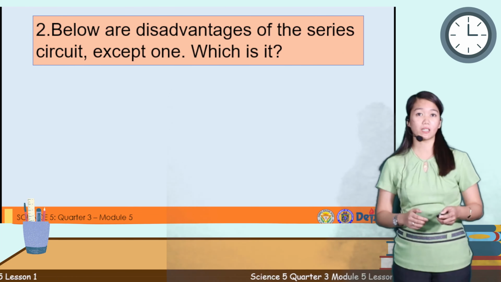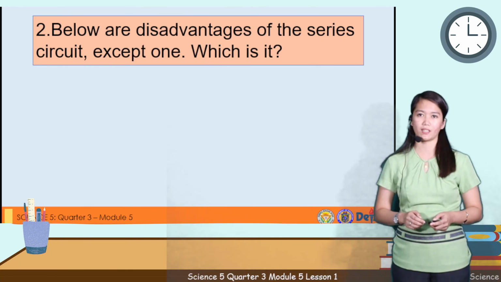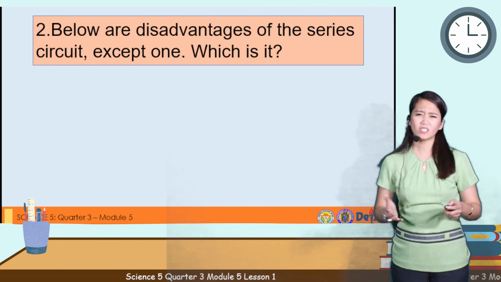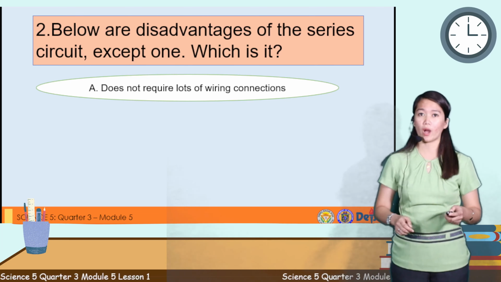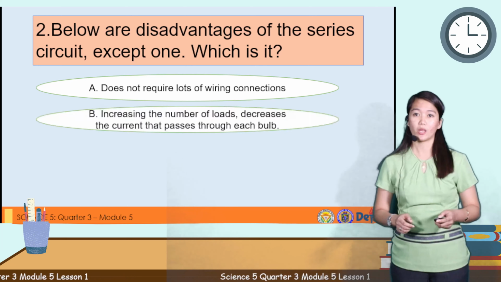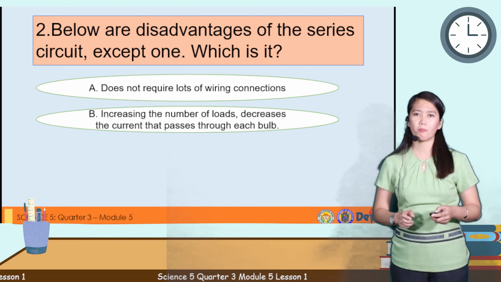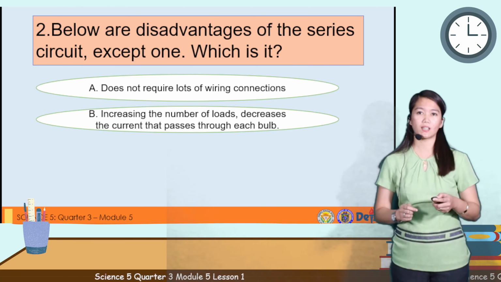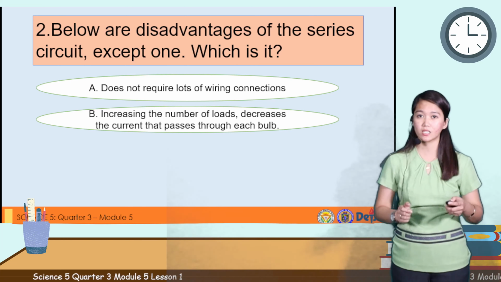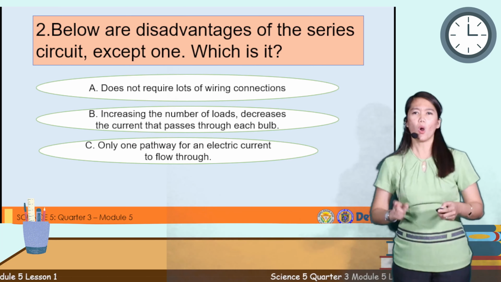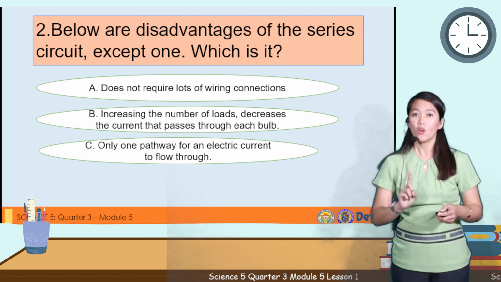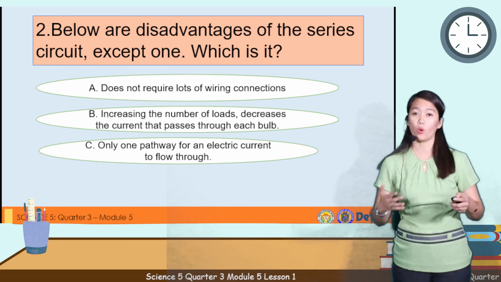Okay, number 2. Below are disadvantages of the series circuit, except 1. Which is it? A. Does not require lots of wiring connections. Letter B. Increasing the number of loads decreases the current that passes through each bulb. Letter C. Only one pathway for an electric current to flow through.